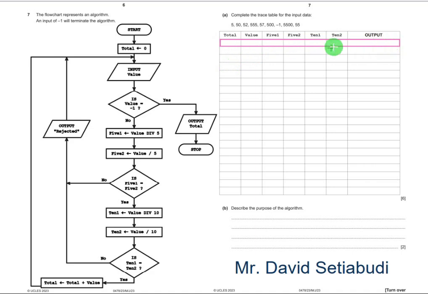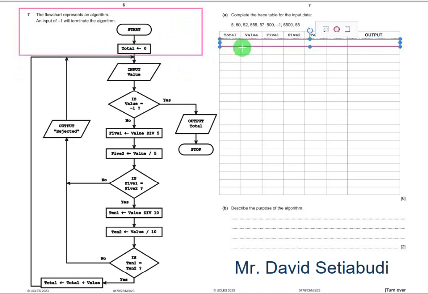Take a look at this one. Before the input, there is a predetermined value. This first row is for the predetermined value. Don't put anything else there.